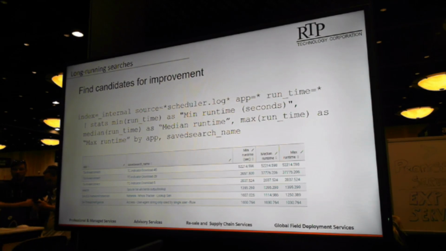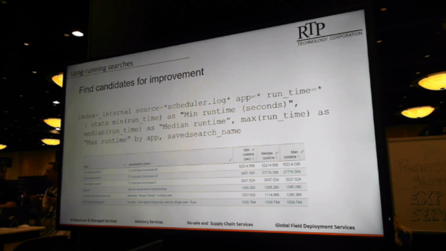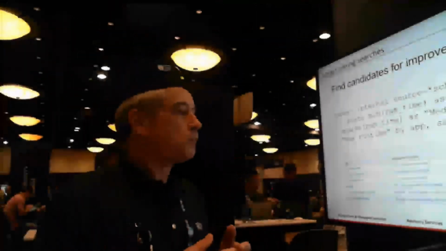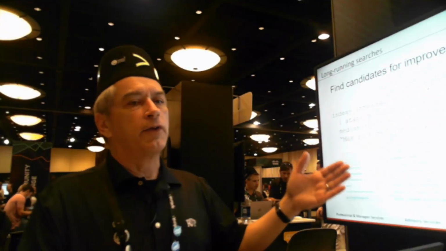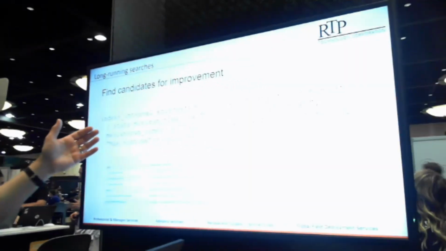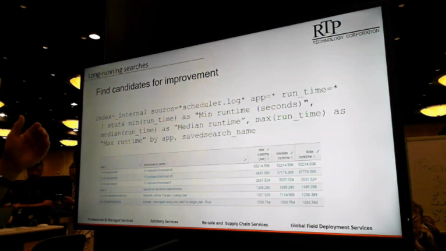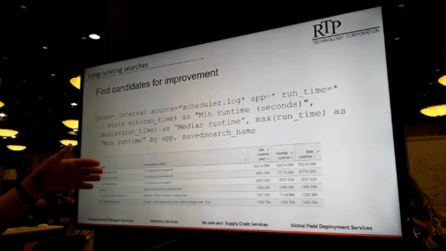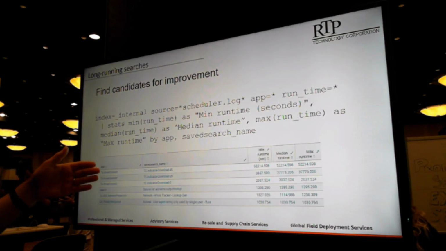Another potential problem would be a long-running search. So a long-running search is taking up a CPU for a long time, which could also run into concurrency problems and resource contention problems. So again, we look at the scheduler log for all apps and use our stats command to find out how many are running over a particular minimum quota.